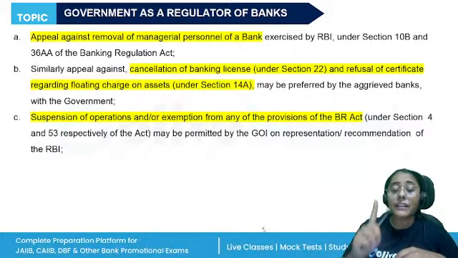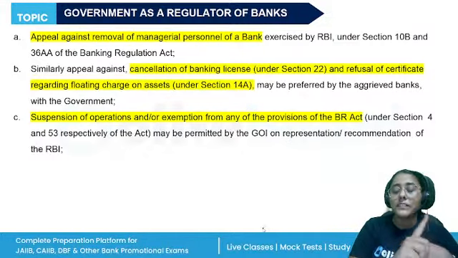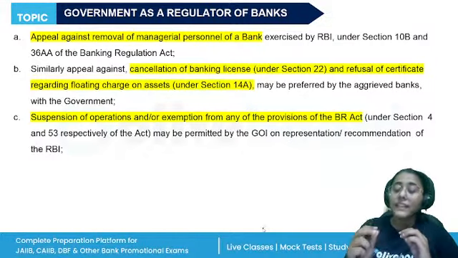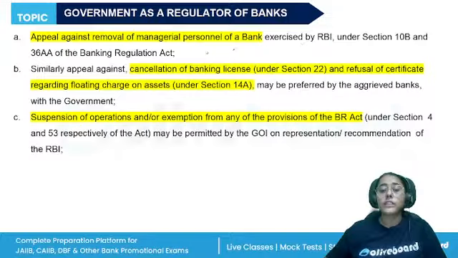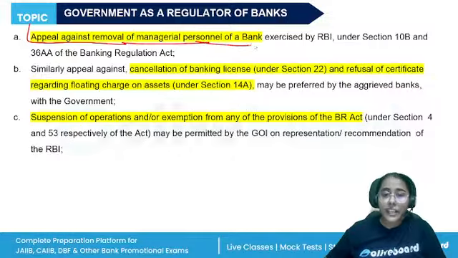RBI can remove the managerial person of the bank, but this person will be given a chance to be heard. They can make an appeal to the central government. So the central government will hear the appeal against the removal of a managerial person of the bank. You need not remember the section, just remember that the central government will hear this appeal.